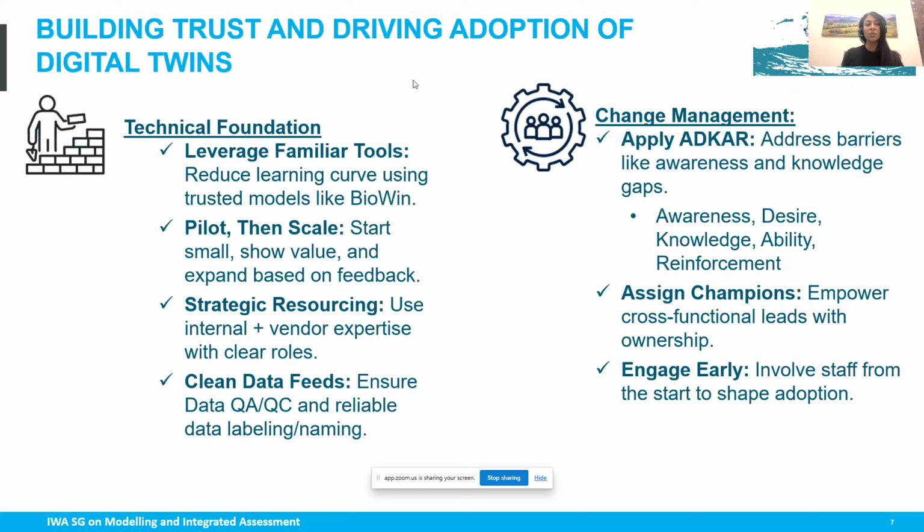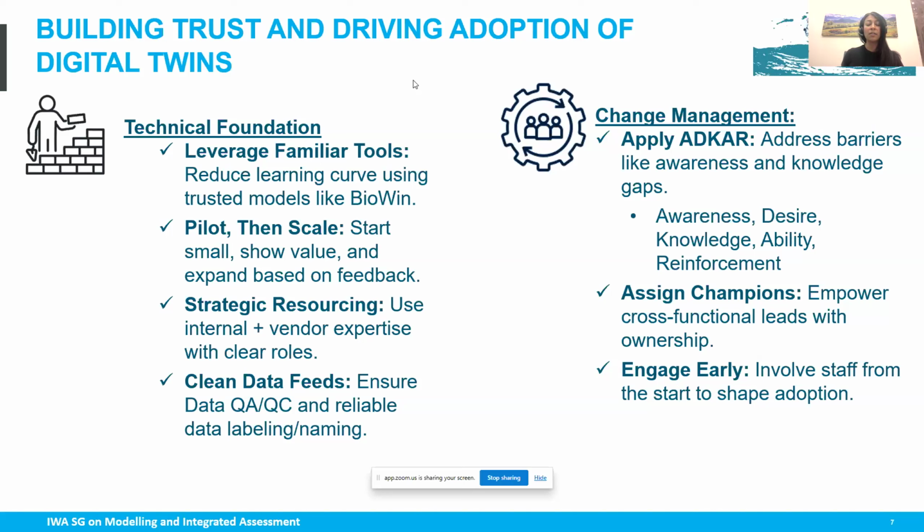For building trust and driving adoption of digital twins, building a strong technical foundation is key. So for our digital twin, we use a WEST model, but the facility did have a BioWin model, so we used that BioWin model that the plant already had to build the digital twin model that was required. So we didn't have to start from zero. We had a foundation to go off of.